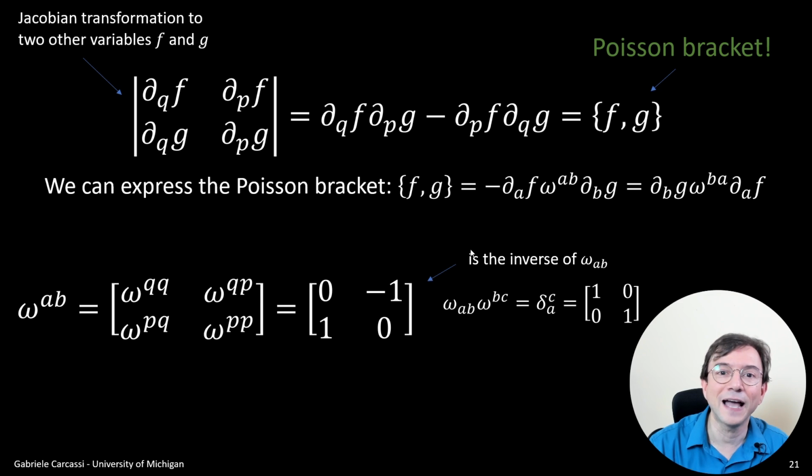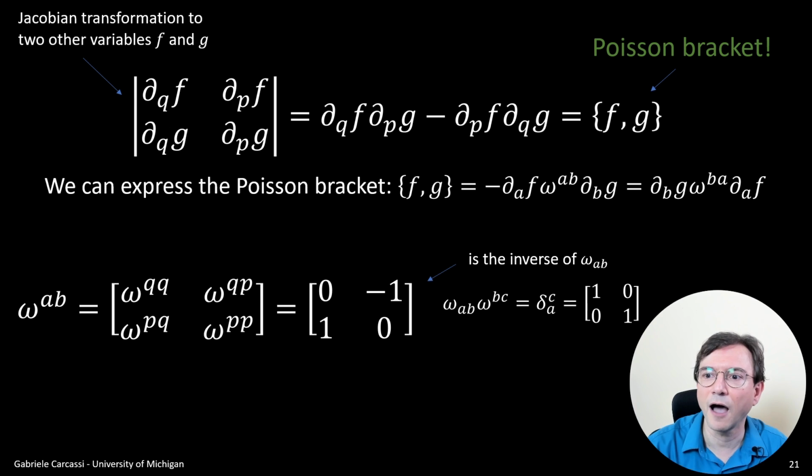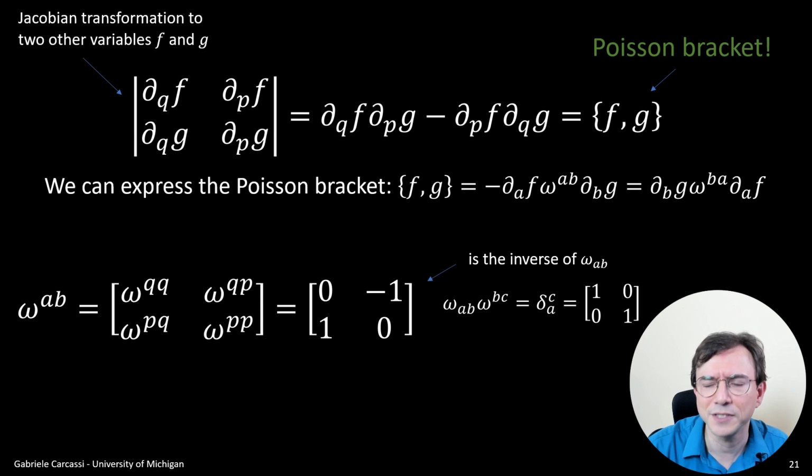And now we can find yet another characterization. Suppose, for example, that we are transforming volumes from Q and P to two other variables, F and G. And F and G you can imagine as two general quantities, right?